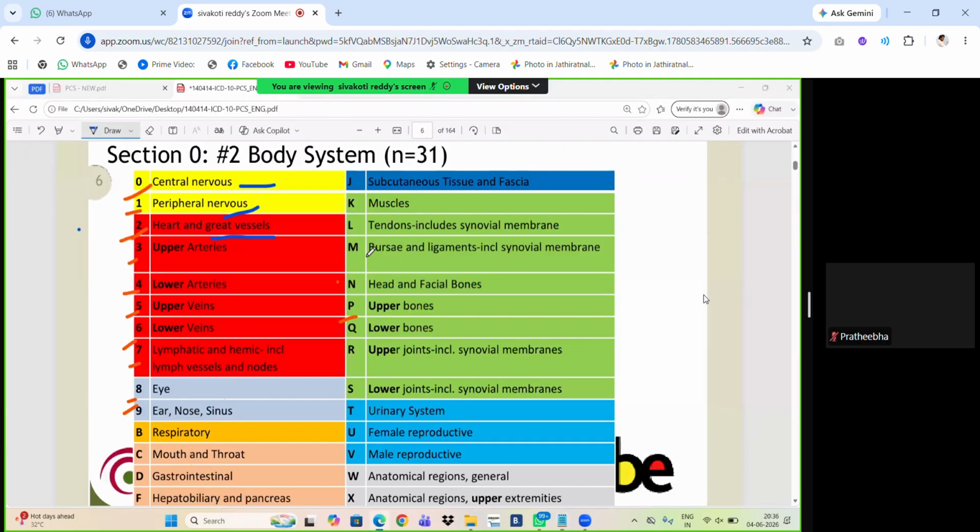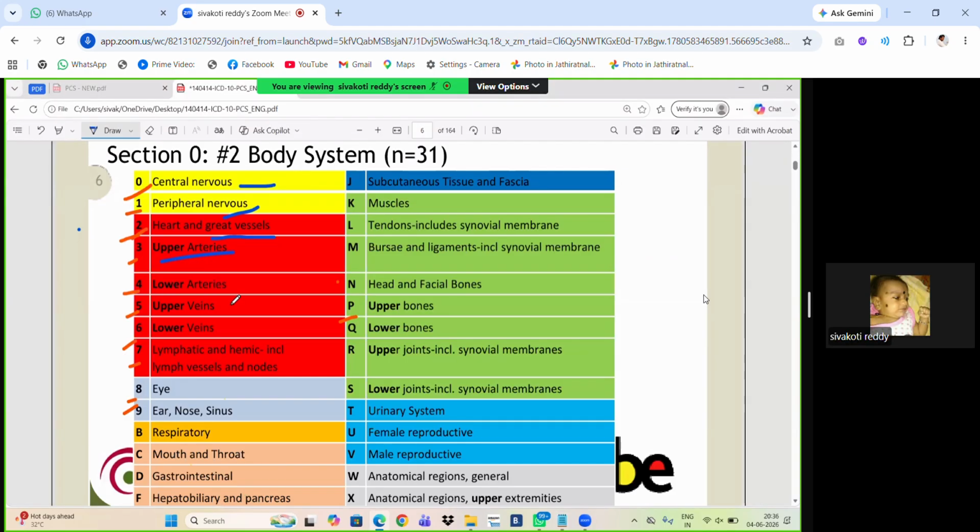Yes, next. Upper arteries and lower arteries. From here onwards, arteries and veins are divided into four body systems: upper arteries, lower arteries, upper veins, lower veins. That's why I'm saying the coronary artery goes under heart and great vessels, not upper and lower artery.